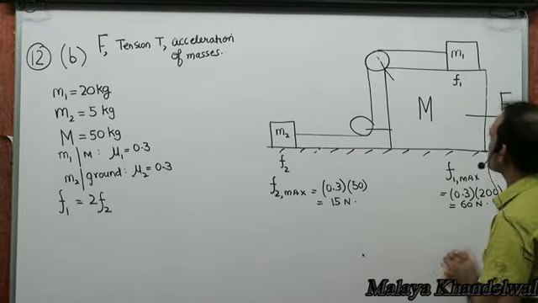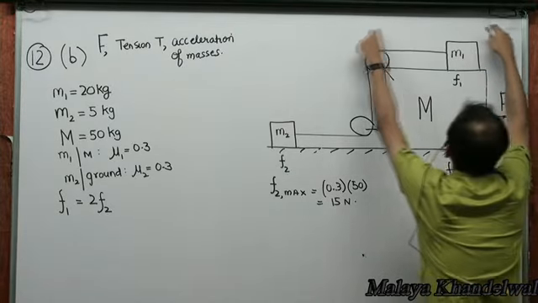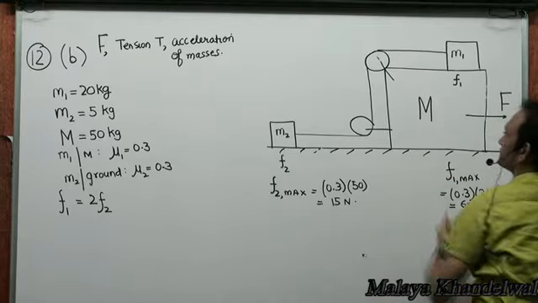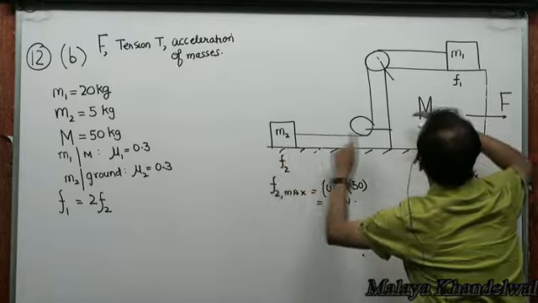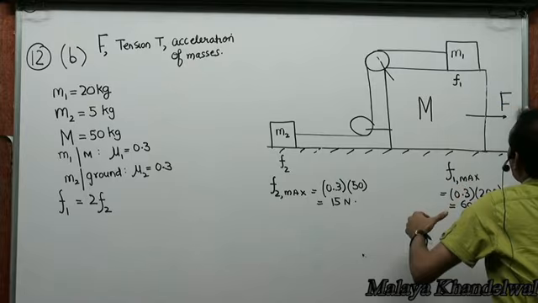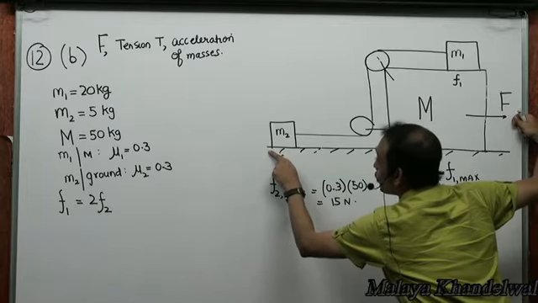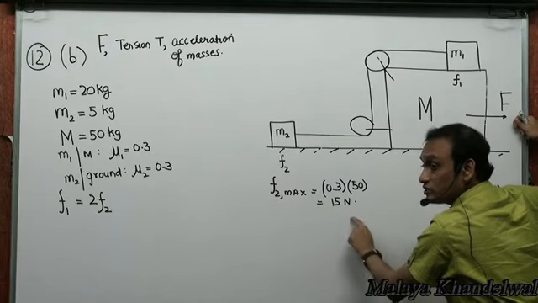Now, two possibilities. When I apply a force capital F and look at M1, M2, these pulleys, capital M as one single unit, then capital F has to overcome maximum static friction between M2 and the ground, which is 15 newtons.